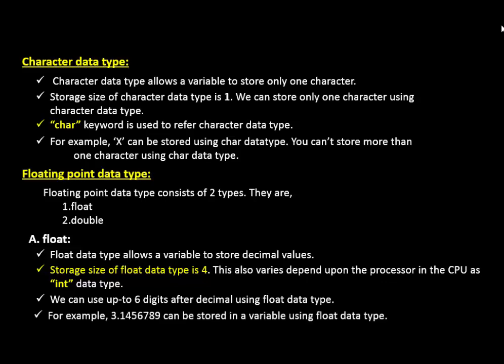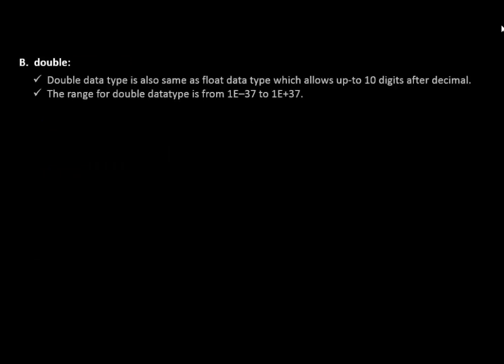It means up to 6 precision values. For example, 3.145678 can be stored in a variable using the float data type. Then the double data type is also the same as the float data type, which allows up to 10 digits after the decimal. The range for the double data type is from 1 exponent minus 37 to 1 exponent plus 37.